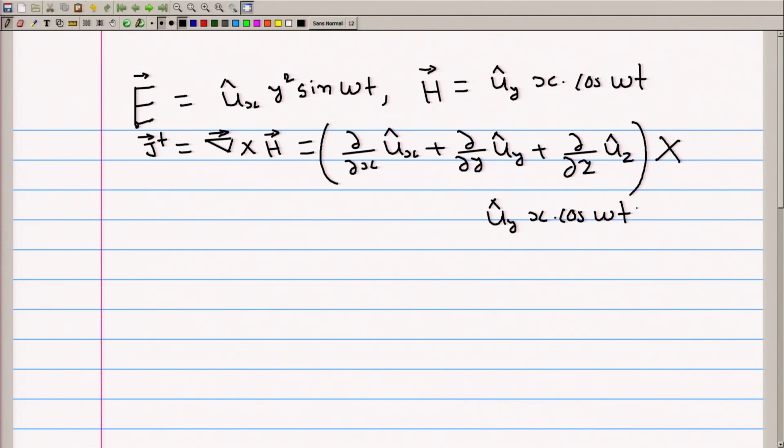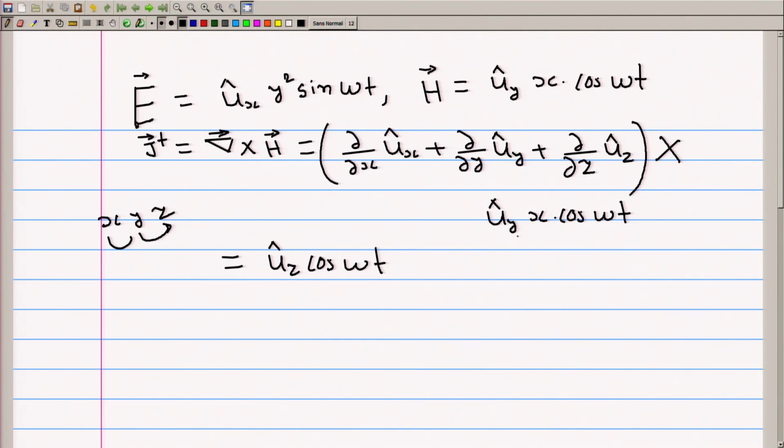So, we know in the rectangular coordinate system x, y, z, ux cross uy gives uz, and the differentiation of x with respect to x gives 1. So, in the first term it will be del upon del x, on x it will be 1, ux cross uy is uz, times cos omega t.